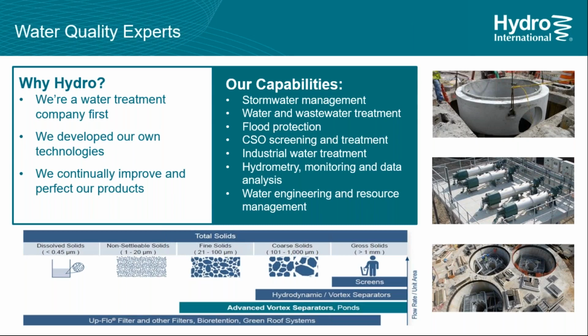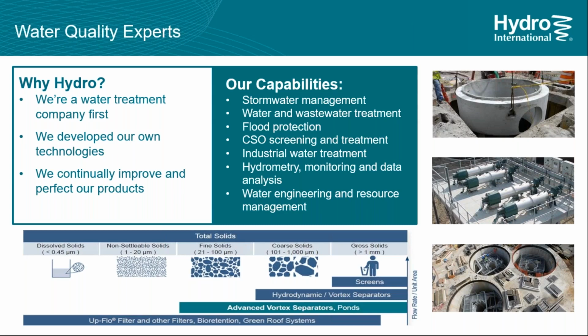I show a table at the bottom of this slide showing total solids because I would say sediment is the primary focus of any separator or filtering device. But sediment comes in all sizes, starting at your gross solids, which is really trash, but then your coarse solids and fine solids, which is really 50 micron to 1,000 micron.